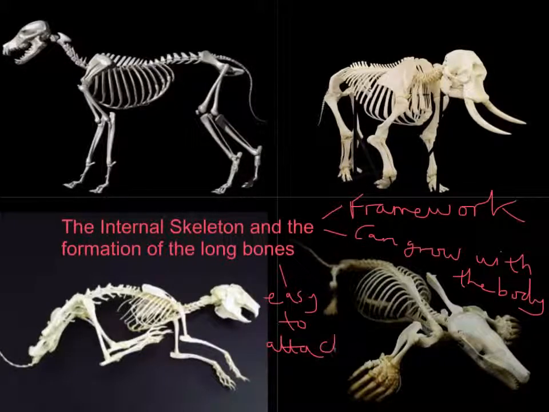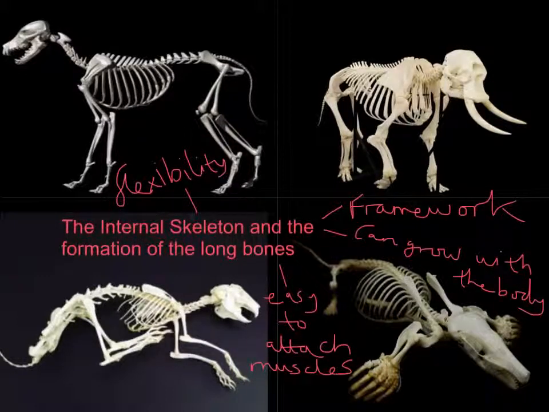And the last thing that I can think of as to why it's beneficial to have an internal skeleton as opposed to an external one is from the point of view of flexibility. It allows for a greater level of flexibility if the skeleton is on the inside. So that's just some reasons as to why an internal skeleton is advantageous to an external one.